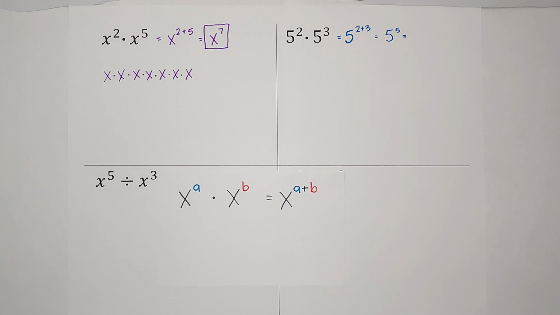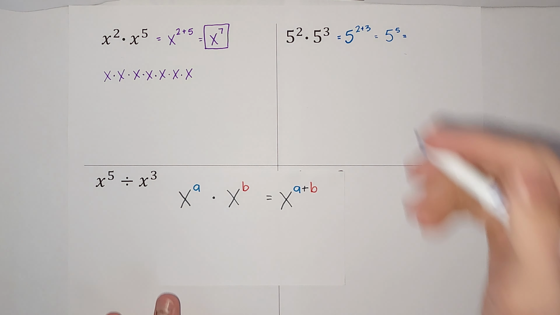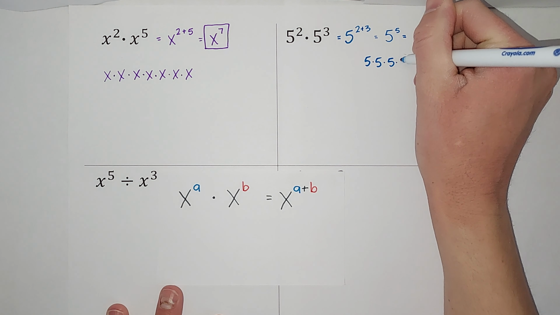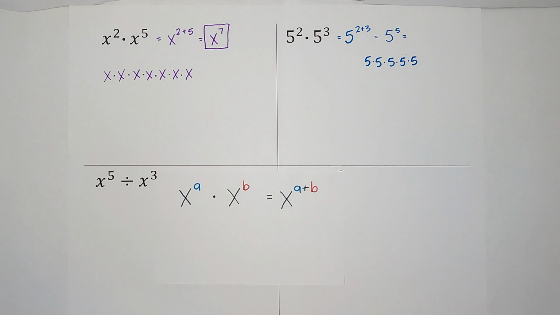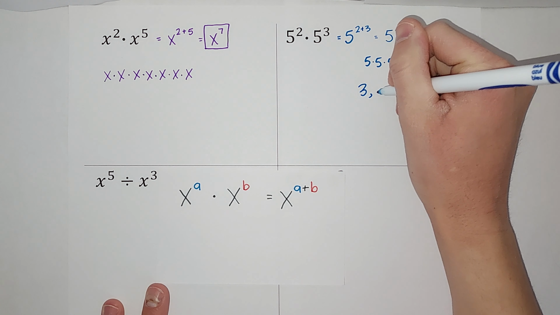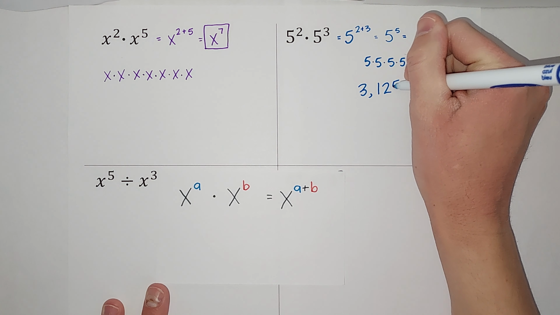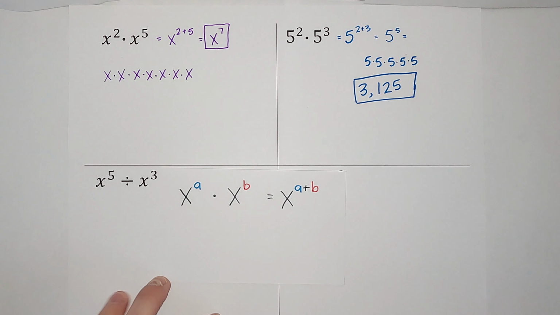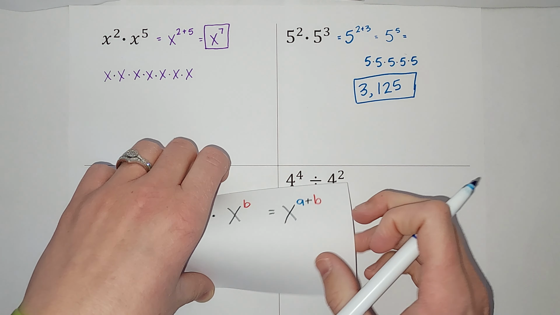It is 5 multiplied by itself 5 times. So it is 1, 2, 3, 4, 5. 5 times 5 times 5 times 5 times 5, okay? When I multiply those out, I get 3,125. Look at that.